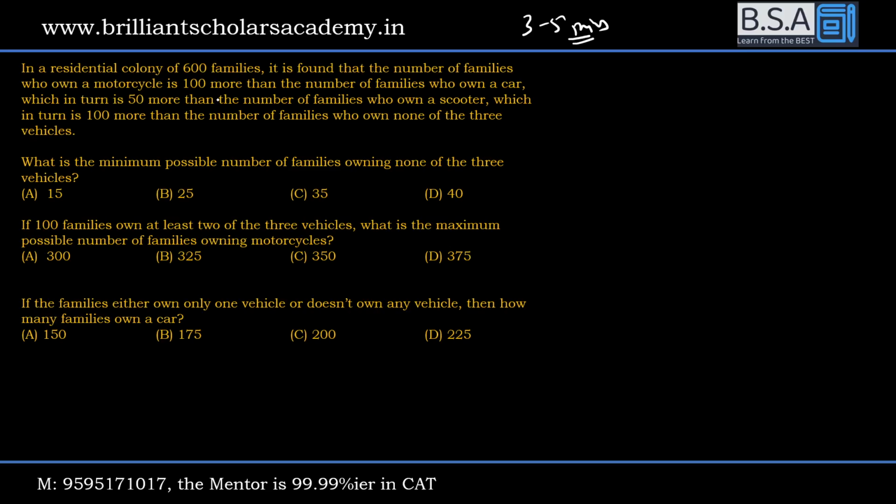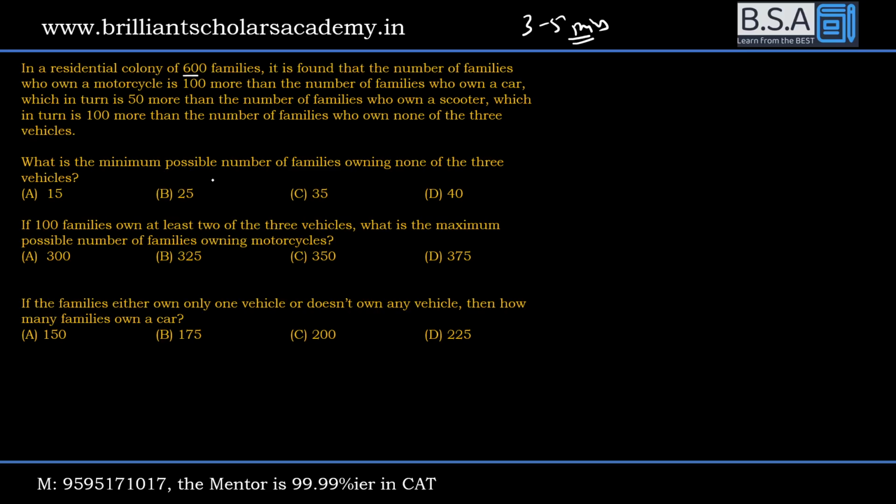In a residential colony of 600 families, it is found that the number of families who own a motorcycle is 100 more than families who own a car, which in turn is 50 more than those families who own a scooter, which in turn is 100 more than families who own none of the three vehicles.